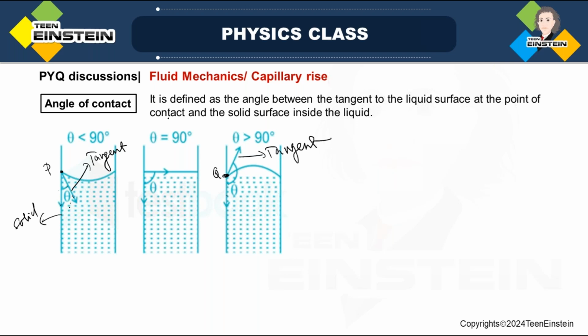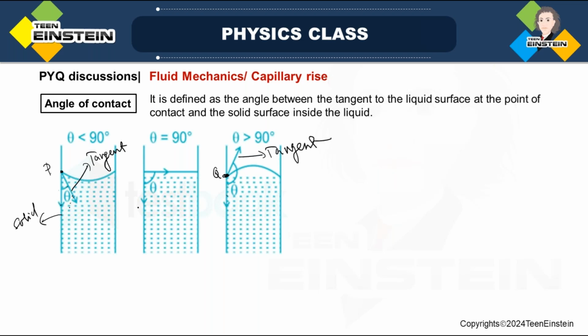Further, I'll tell once again. It is defined as the angle between the tangent to the liquid surface at the point of contact and the solid surface inside the liquid. I think this is the best definition you can have about the angle of contact. Don't get confused with other definitions.